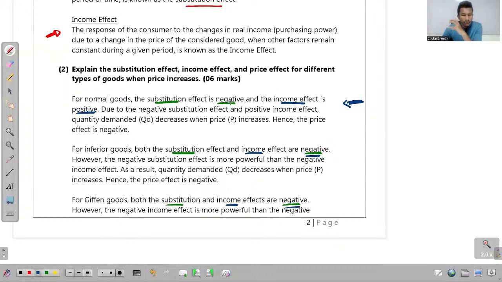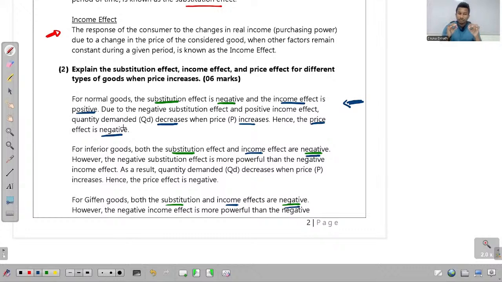Due to both the negative substitution effect and the positive income effect, the quantity demanded decreases when price increases. As a result, for normal goods, the price effect will be negative, because on one side price increases and on the other side quantity demanded decreases. So you need to explain that under normal goods.